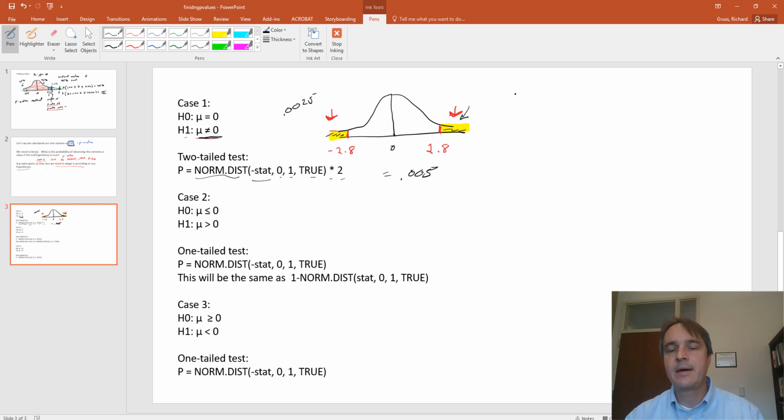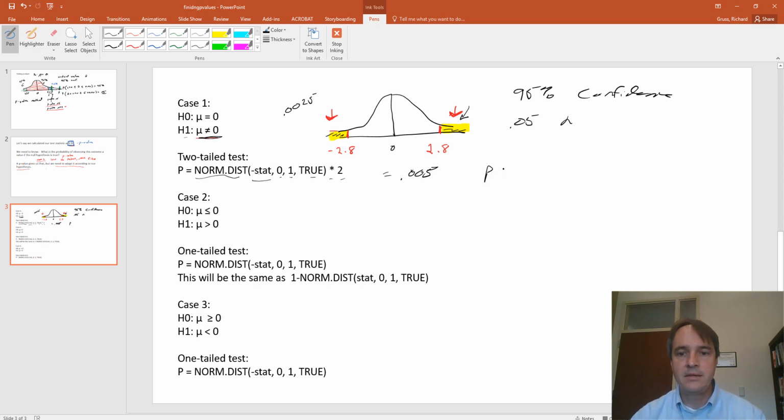And if we were to establish, let's say we wanted 95% confidence, giving us 0.05 alpha. The question is, is p less than our alpha? And we see that it is. So we reject.